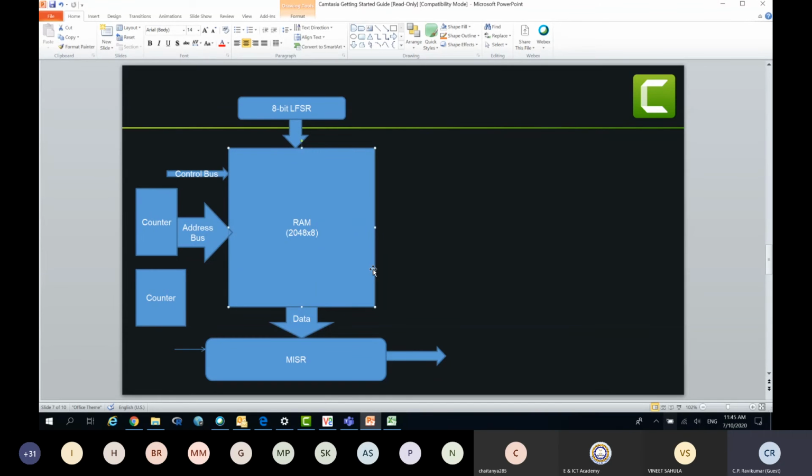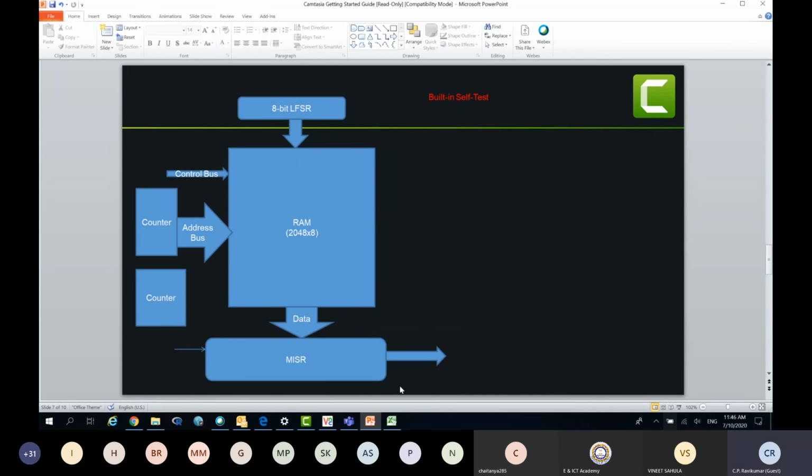It is amenable to this. By the way, this is called built-in self-test. This is also called built-in self-test. It is self-test because I don't need any external tester to supply these patterns or even look at the outputs.